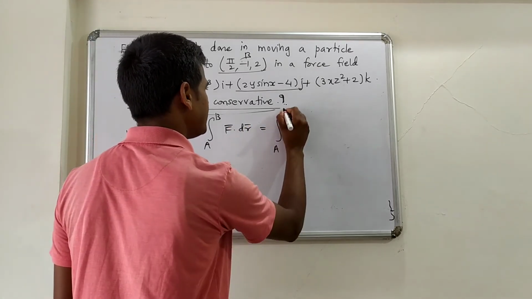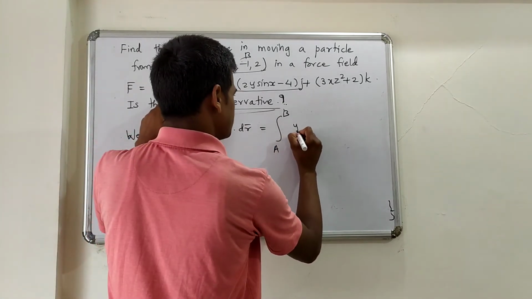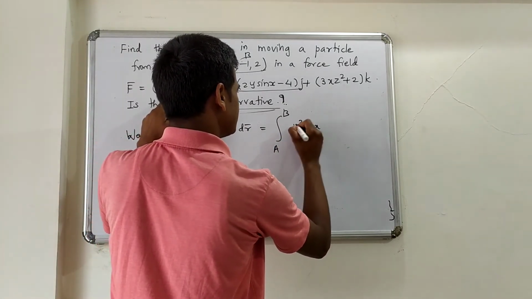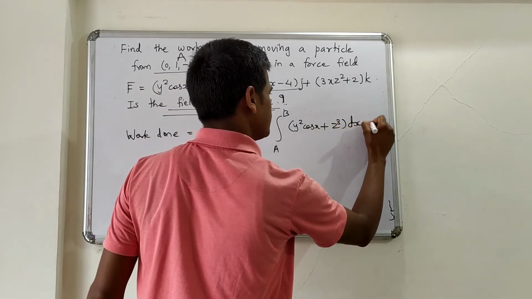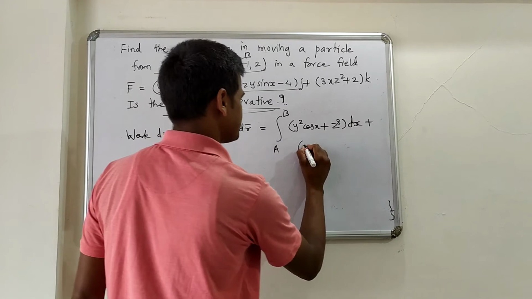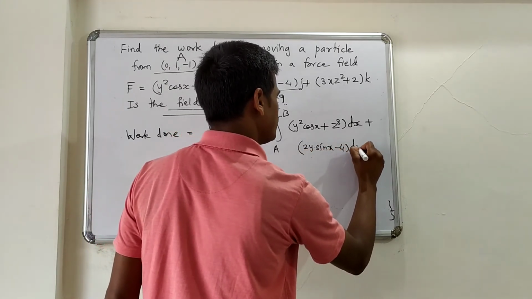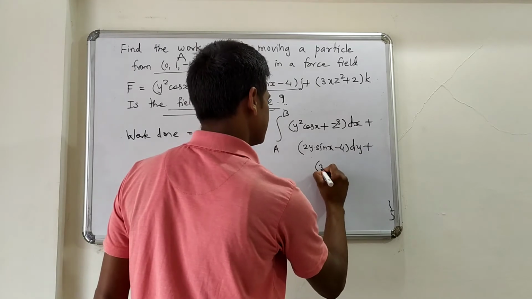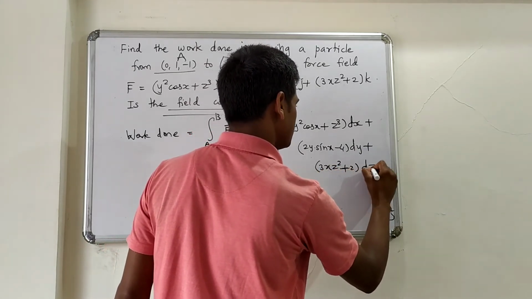So integral a to b, what is F bar? This is y square cos x plus z cube into dx plus 2y sin x minus 4 into dy plus 3x z square plus 2 into dz.